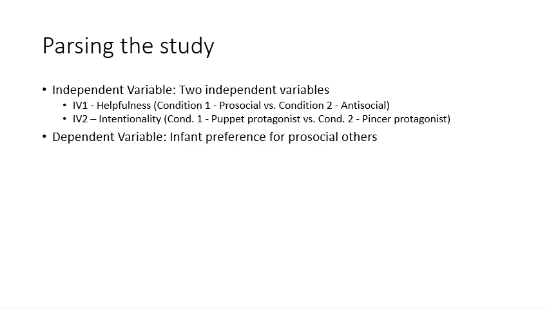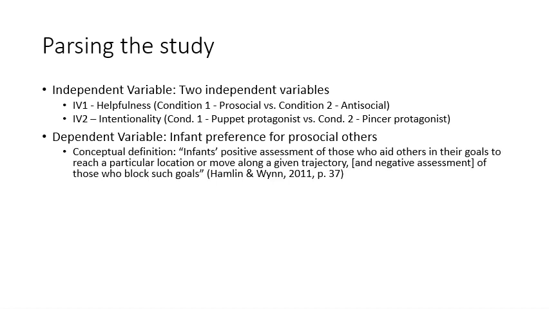The dependent variable is the infant preference for prosocial others. The conceptual definition I got directly from their paper, but I had to go all the way to the discussion to find what I thought was a good conceptual definition. Infants' positive assessment of those who aid others in their goals to reach a particular location or move along a given trajectory, and negative assessment of those who block such goals.